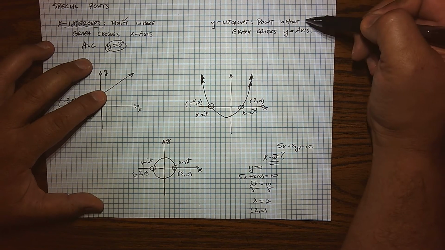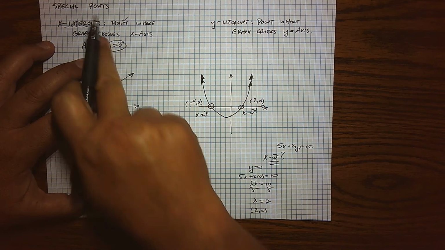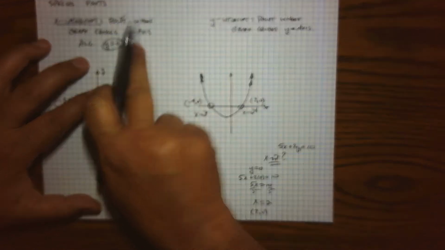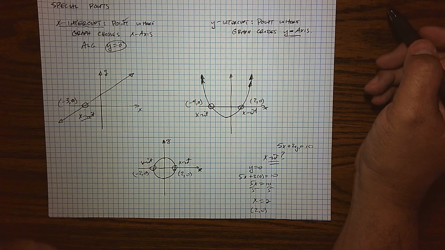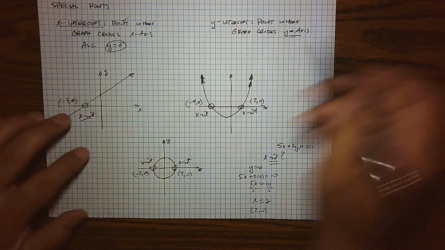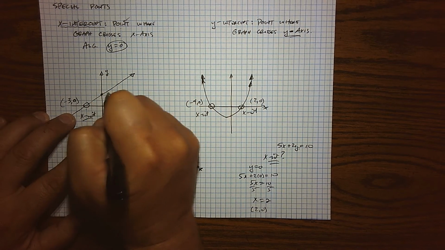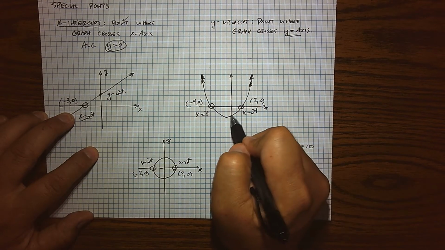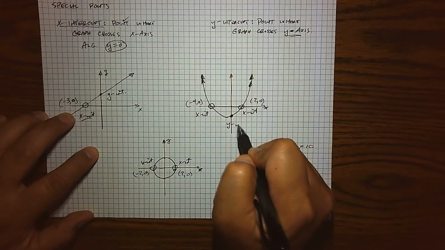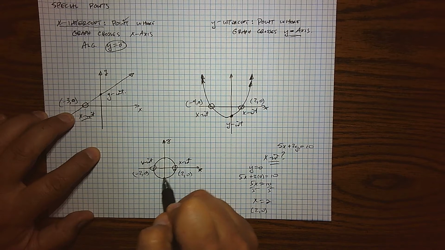Well, for a y-intercept, they're very similar to x-intercepts, but rather than crossing the x-axis, they're actually crossing the y-axis. So if we go look at our three graphs, right, this location right here is a y-intercept, and this location right here is a y-intercept, and this guy actually has two of them, right?